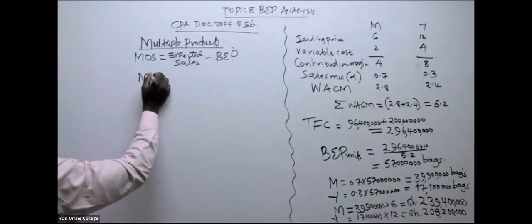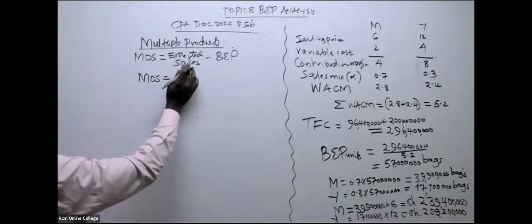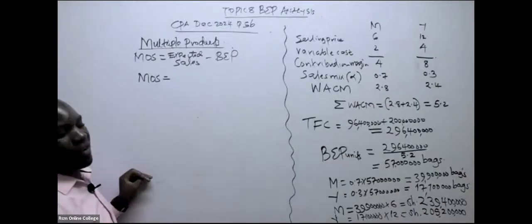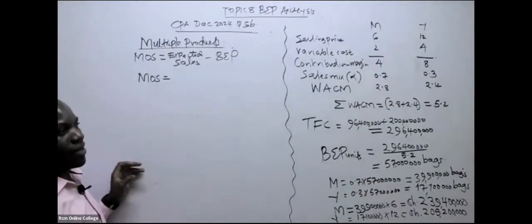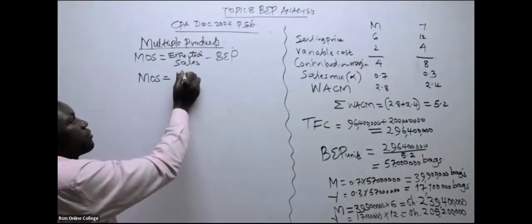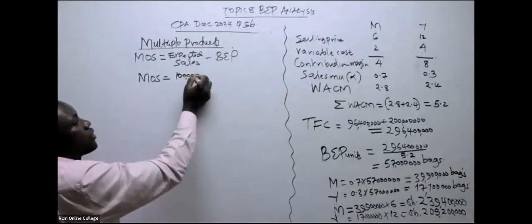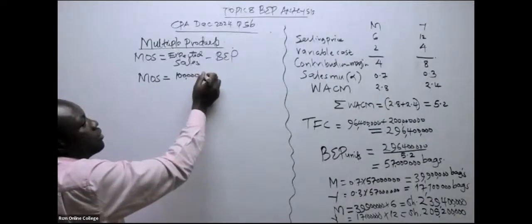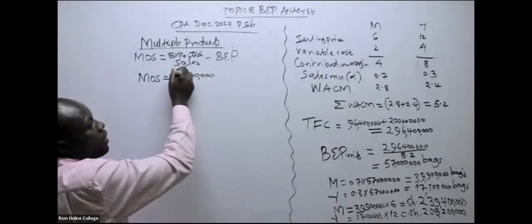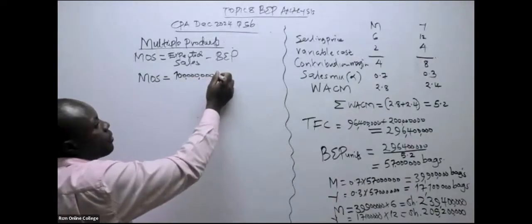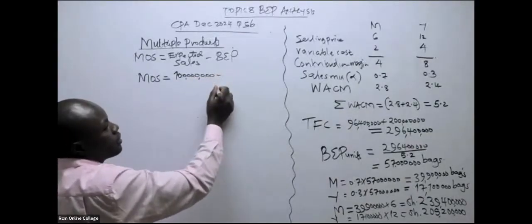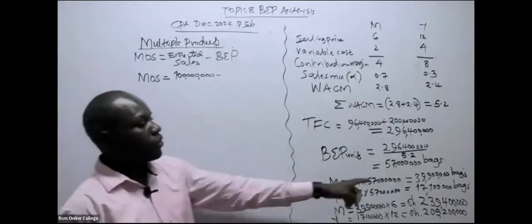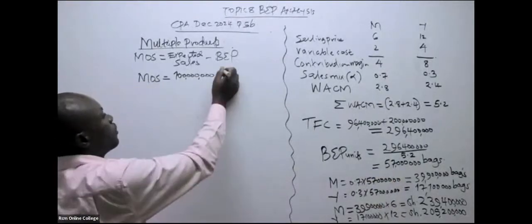Our margin of safety in units: expected sales in units, we add 70 million units plus 30 million units, that is 100 million units, right? Minus break-even point in units, we are talking about 57 million.